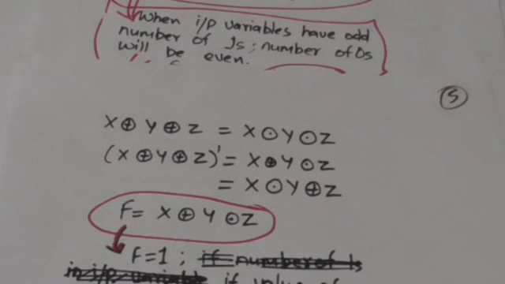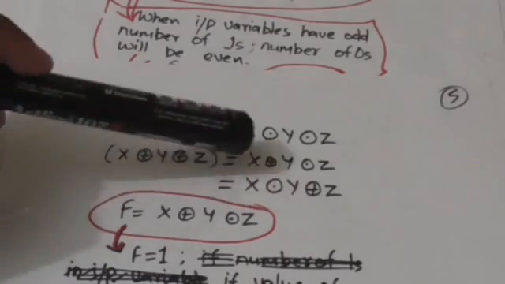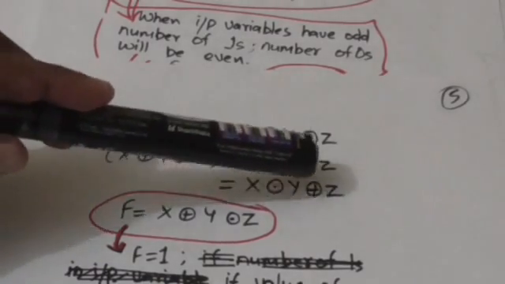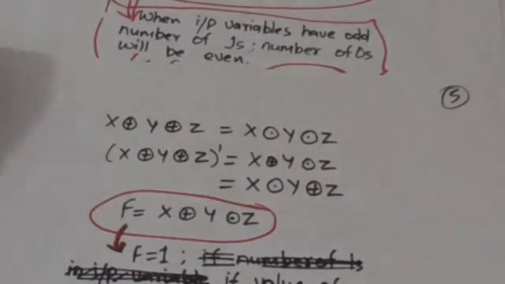Now the complement of x XOR y XOR z is equal to x XOR y equivalence z. It is also equal to x equivalence y XOR z.